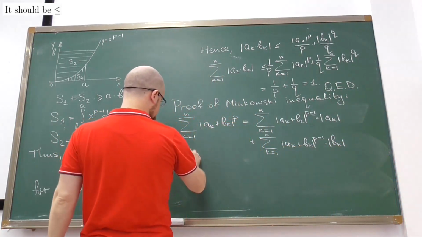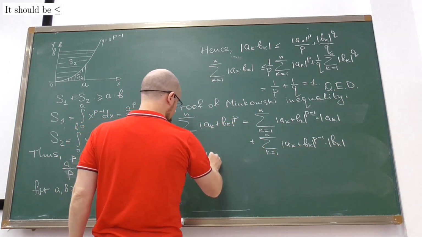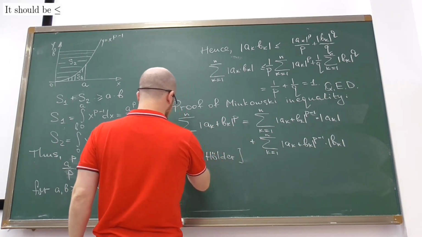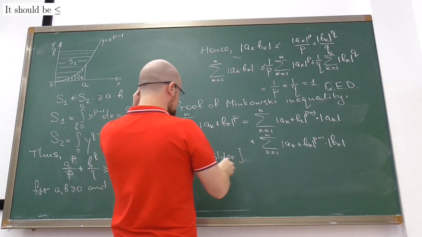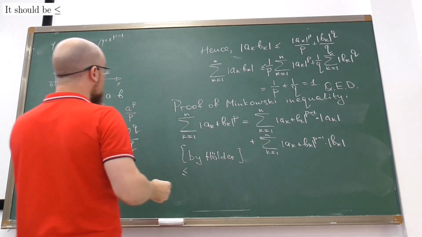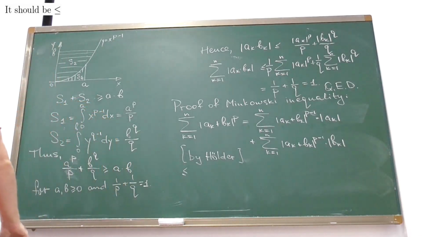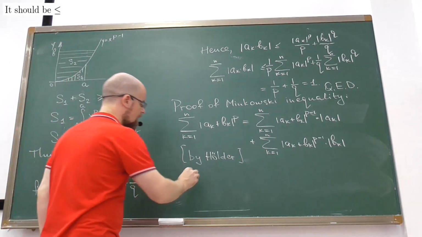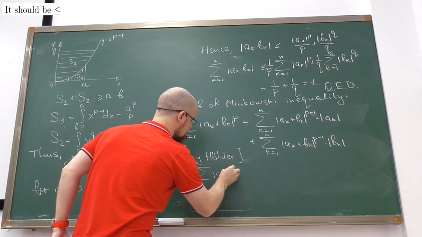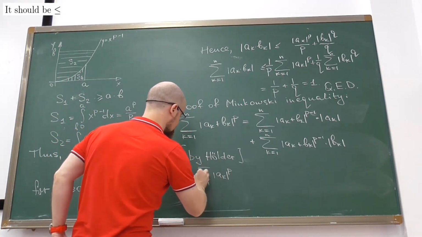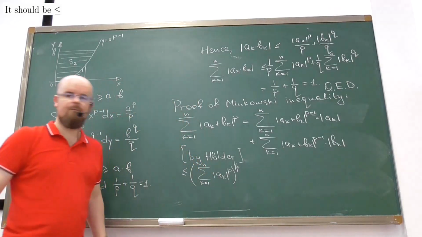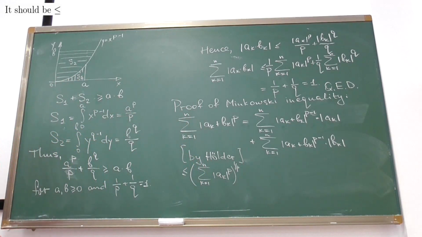So by Hölder, this is less than or equal to the sum of a_k to the power of p, raised to the power 1 over p.